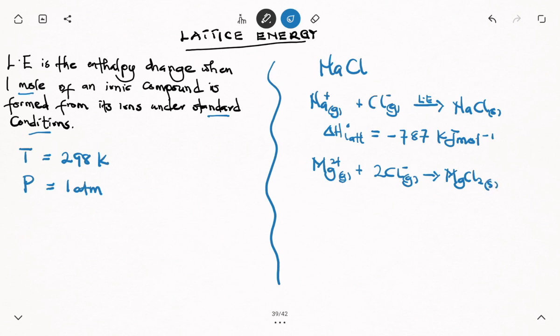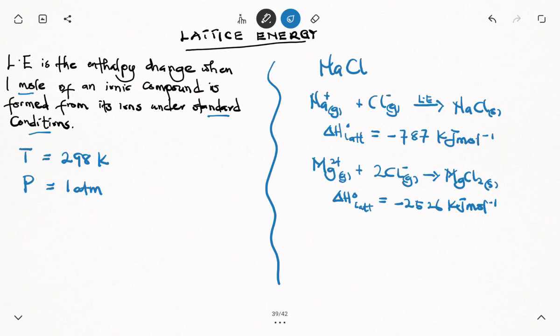And the standard lattice energy involved here is equal to minus 2526 kilojoules per mole. So that is what lattice energy is.